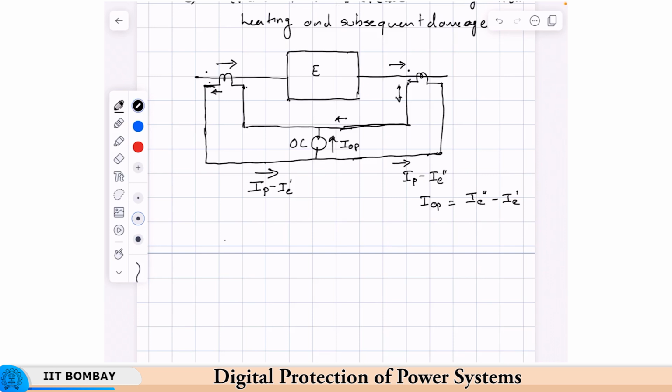So a restraint winding or a restraint coil is provided, and I will just show you this here. Okay, this is the operating coil. This is actually this part here. Okay, this T junction here.